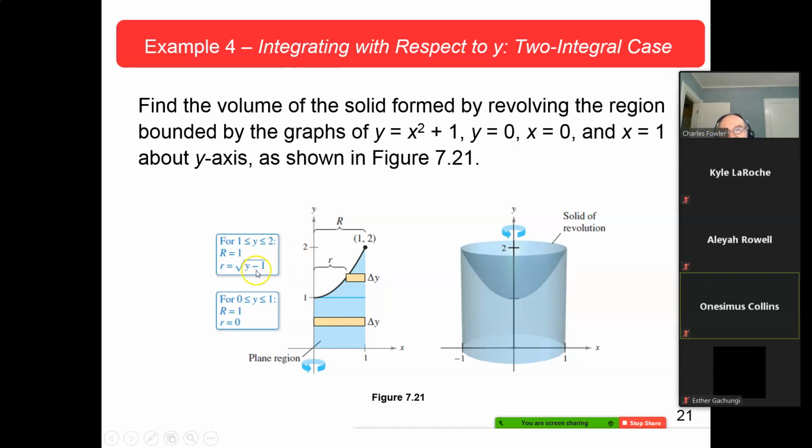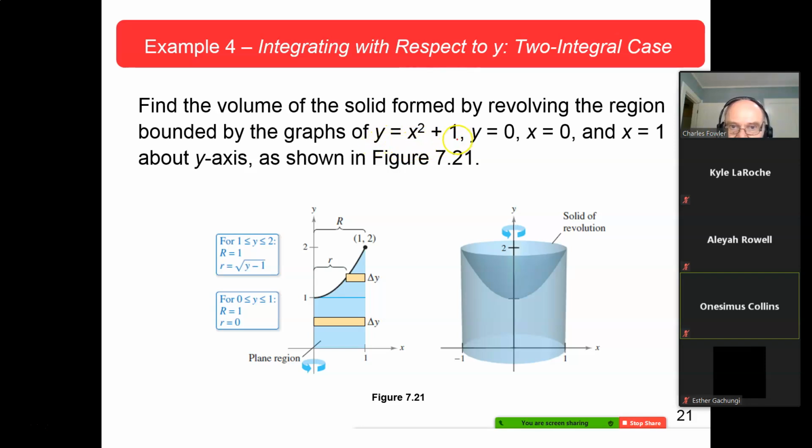This one, though, because you're revolving around the y-axis, and you're wanting to take delta y, you have to get this expression in terms of a function of y, not as a function of x. So the first thing we're going to do there is take this expression here and solve it for x.